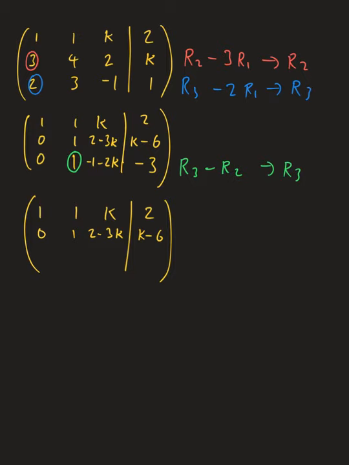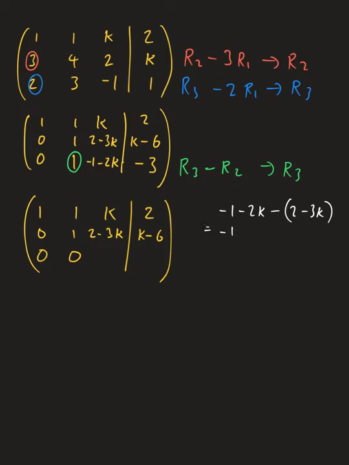So I had a 0 there, I still have a 0 here. 1 minus 1 is 0, as I wanted. And then I have minus 1 minus 2k minus (2 minus 3k). So I'll just work that out over here. Minus 1 minus 2k minus 2 minus 3k.